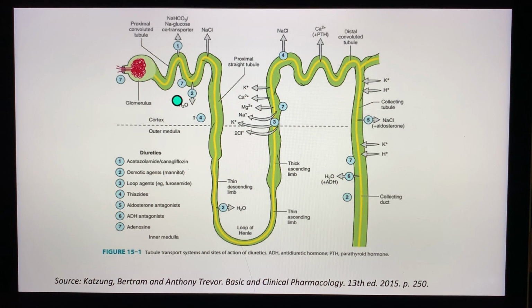We have the loop agents, such as furosemide, which act here. We have the thiazides, number 4, aldosterone antagonists. We have the anti-diuretic hormone antagonists here in the collecting ducts. And of course, we also have adenosine. Now, don't be confused. Don't worry. We're going to dissect everything.